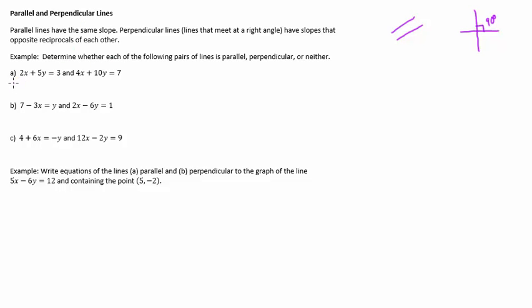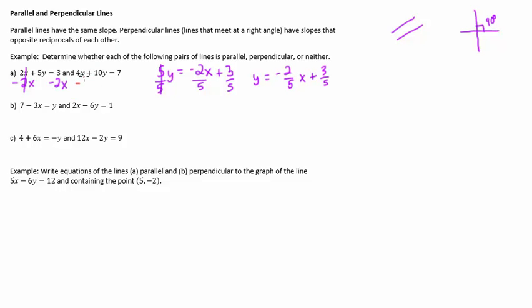On A, I need to move the 2x first, and that gives me 5y equals negative 2x plus 3. Then you would divide through by 5, and that gives you y equals negative 2/5 x plus 3/5. All that really matters is the slope here, negative 2/5.